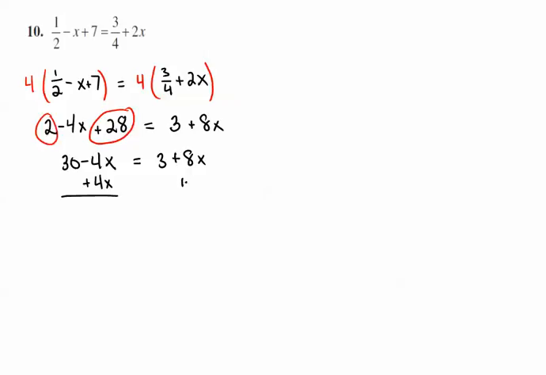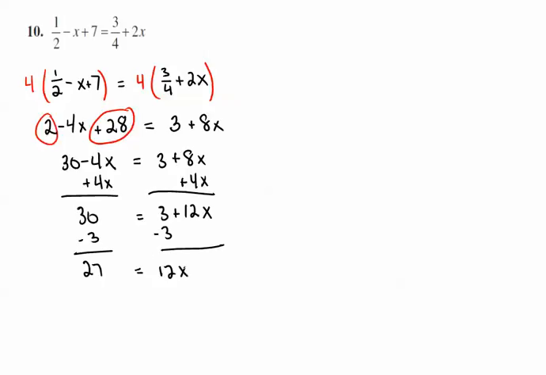So we're going to add 4x to both sides, and we end up with 30 is equal to 3 plus 12x. And at this point, the x's are only on the right side. We'll subtract 3 from both sides, and we have 27 is equal to 12x.